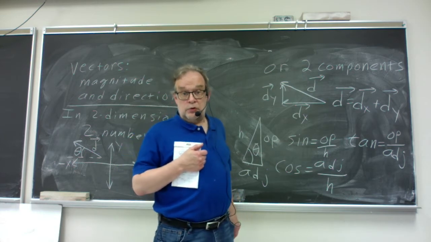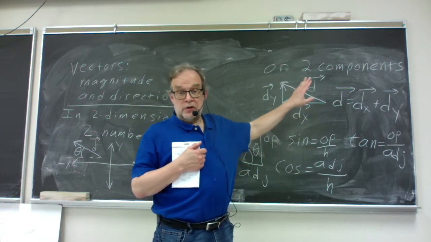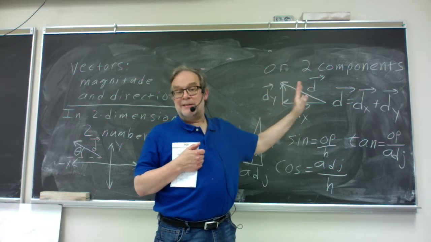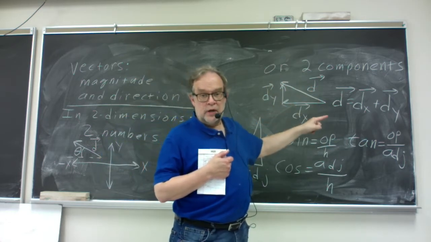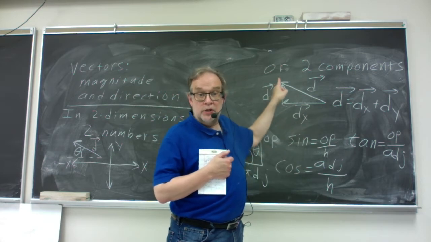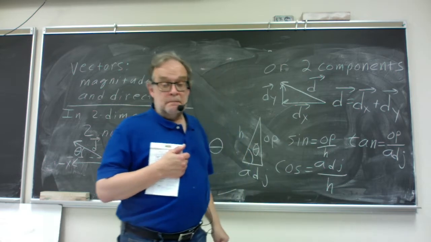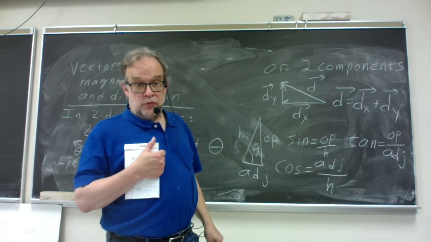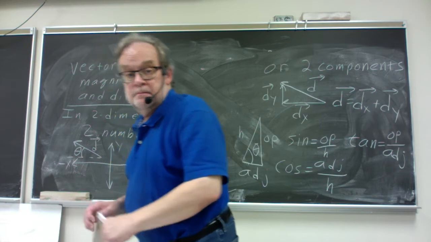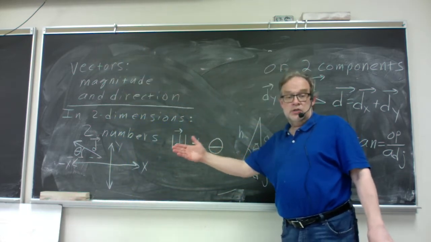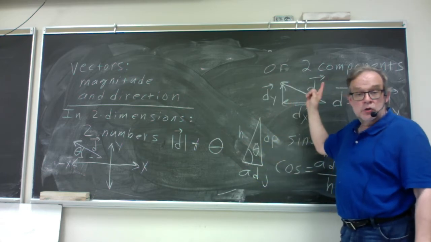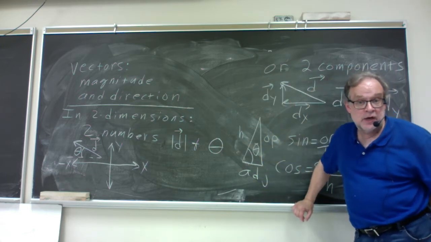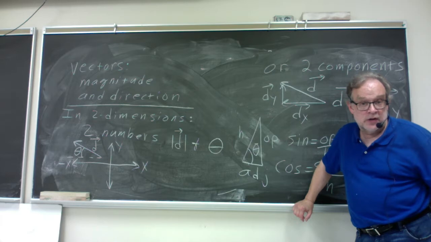And it turns out the relationship between a vector and its components is just like the relationship between the hypotenuse of a right triangle and the two perpendicular sides. We have these two numbers that completely specify the vector, but the two components would just as easily specify the vector.